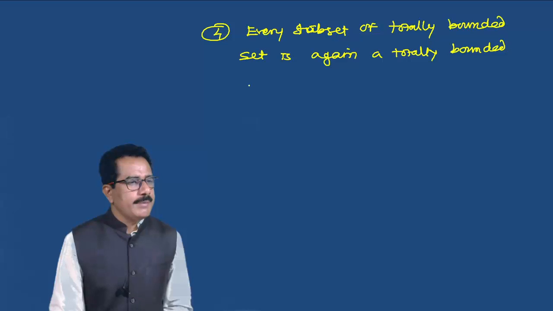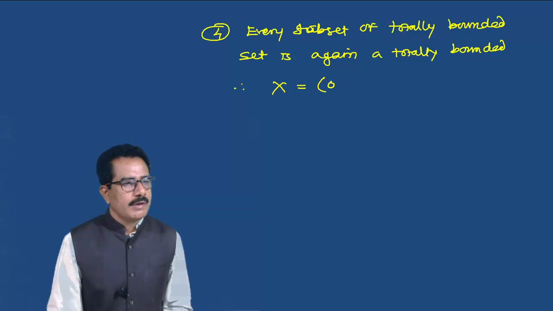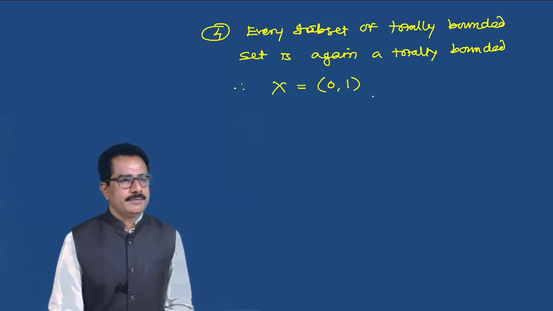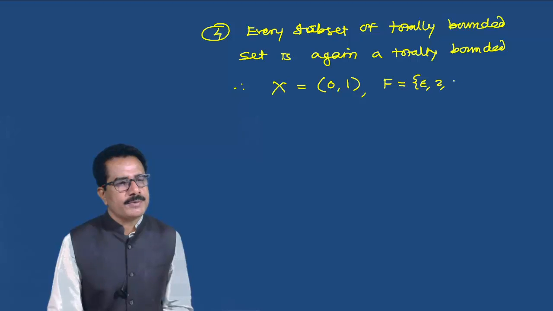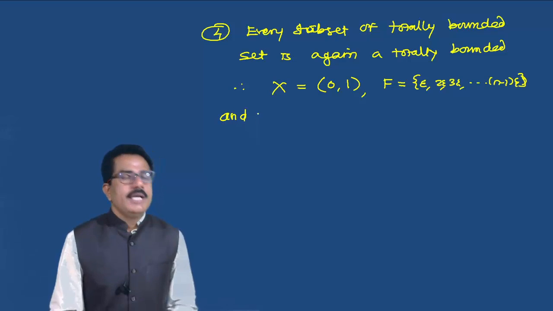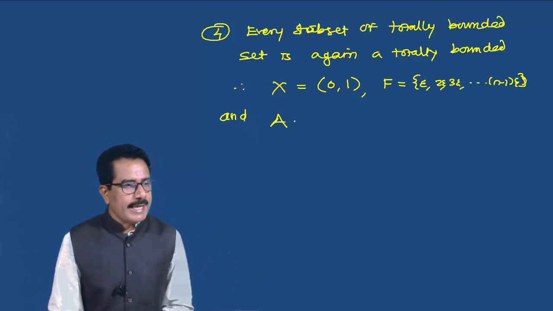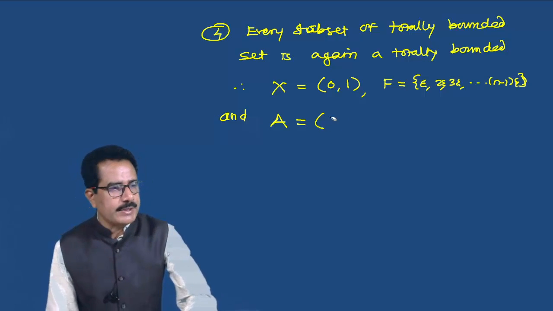That means, suppose X equals [0, 1], F equals the set {epsilon, 2 epsilon, 3 epsilon, ..., (n minus 1) epsilon}, and suppose we consider a set A equal to the interval (0, 1/2).